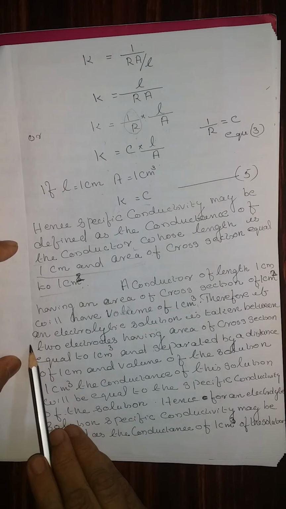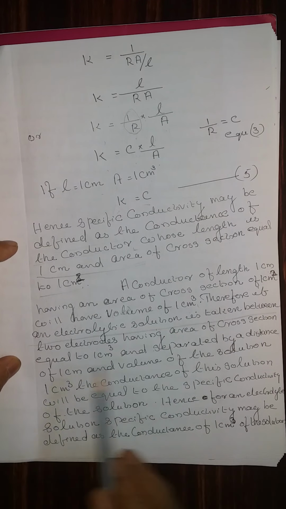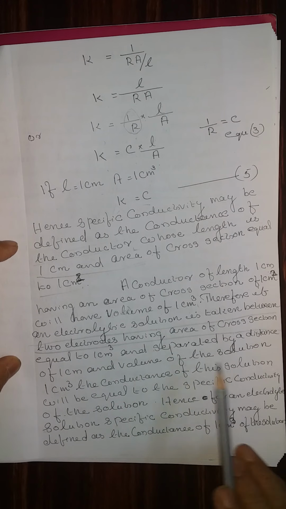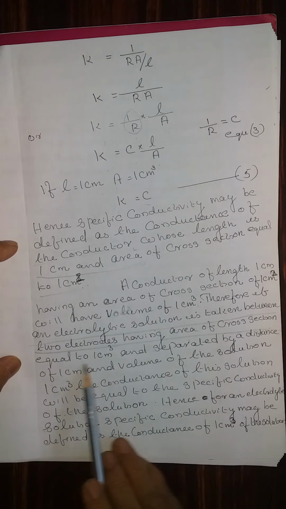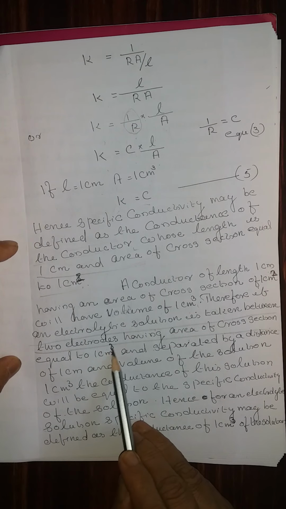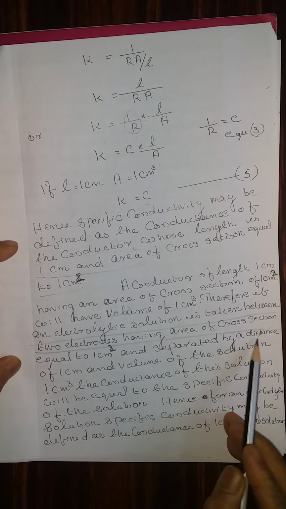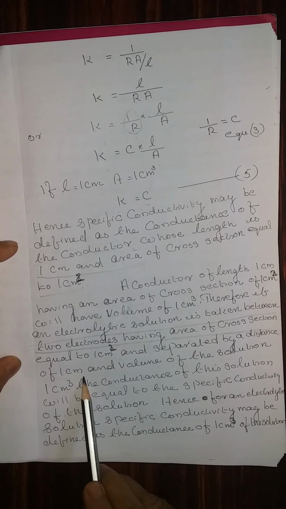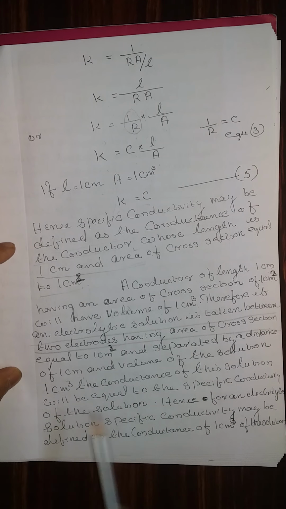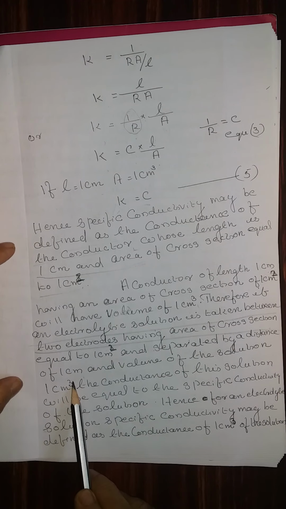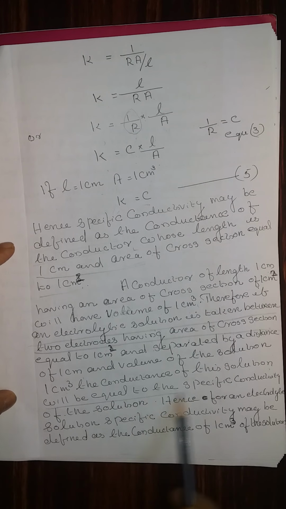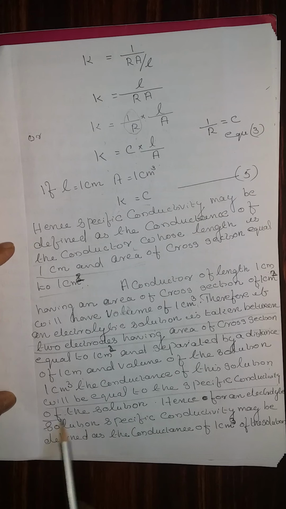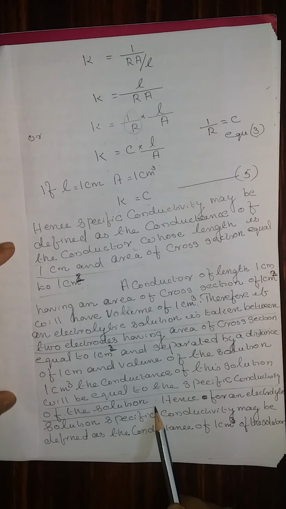Therefore, if an electrolytic solution is taken between two electrodes having an area of cross section equal to 1 centimeter square, separated by a distance of 1 centimeter, the volume of the solution is 1 centimeter cubed, and the conductance of the solution will be equal to the specific conductivity of the solution.